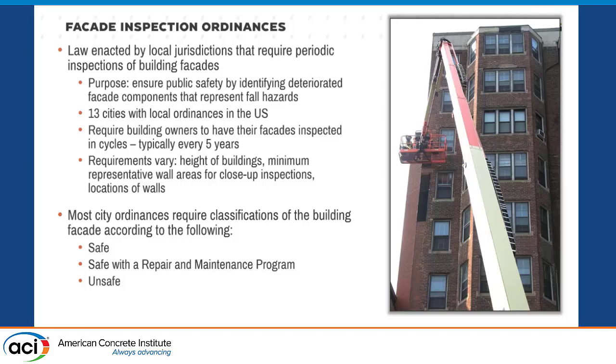And also, it depends on the locations of the walls, if they are front walls or back walls, depending on the city. So the classification is simple. We engineers are responsible for preparing a report, which has to say if the facade is safe, safe with a repair and maintenance program, or unsafe. In that case, the owner has to repair the facade.